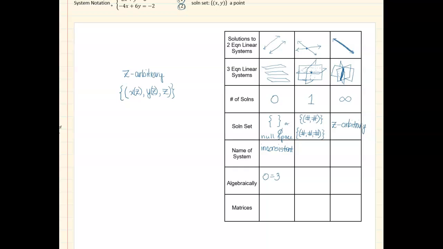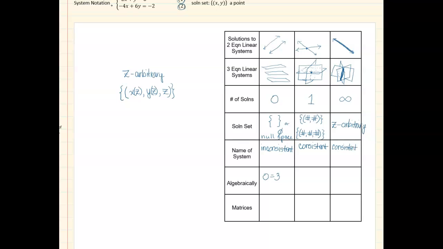We will get something unusual that's not true. If it does have a solution, we say that system is a consistent system. So we will have a consistent system if we have one solution. We will also have a consistent system if we have infinitely many solutions.